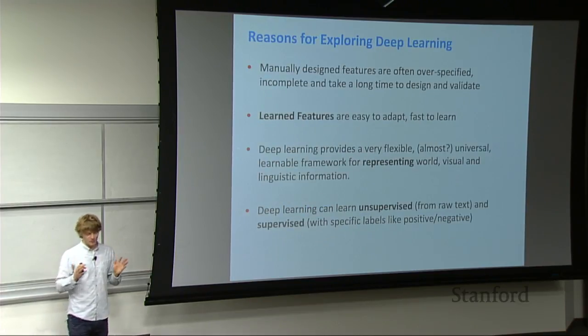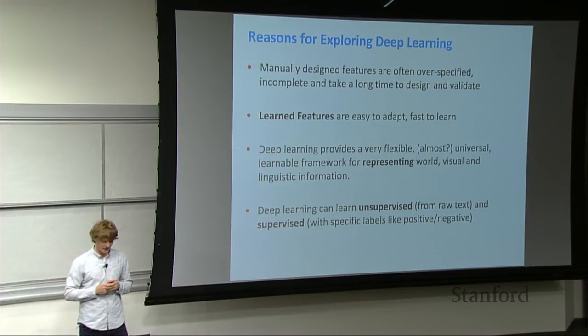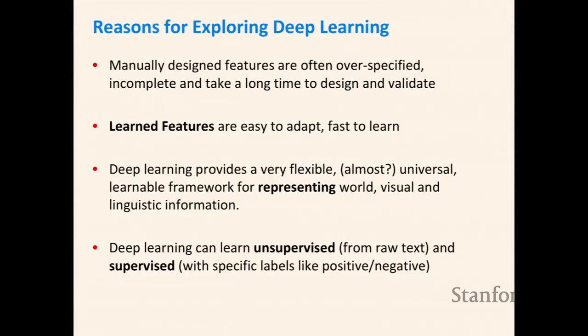All right, now why are we looking at deep learning and not spending any more time on the traditional NLP techniques, of which there were many? Last year was the first year where we actually combined a class that I had been teaching on deep learning for NLP for 2 years before with the traditional NLP class, and we've switched entirely to deep learning methods.